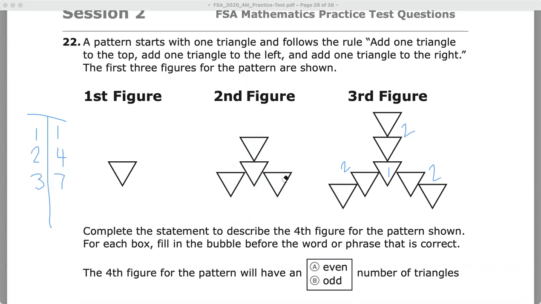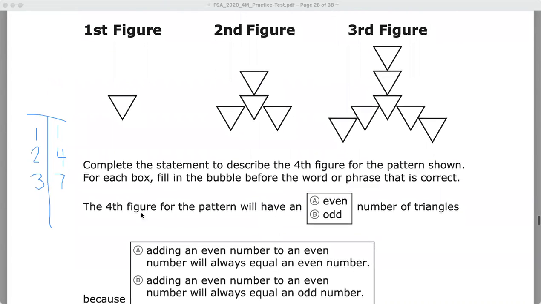So let me erase these numbers. Okay. The fourth figure, so the next figure in the pattern will have an even or odd number of triangles. So looking at the pattern that we have, it looks like each time you are adding 3, right? You're adding 3 each time.